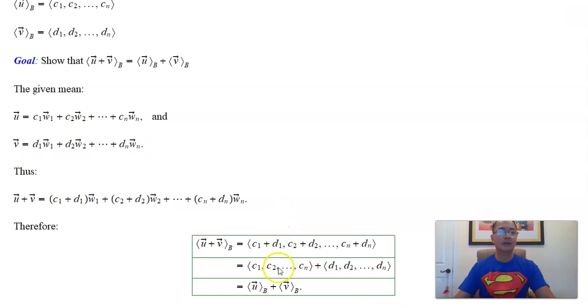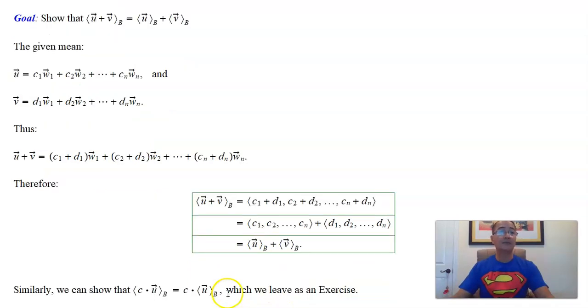Those are the coordinates in the coordinate vector, but obviously we can break that down into a vector sum. Put the C's into one vector and the D's into another vector. Oh, look at that. The C's are the coordinates of U with respect to B, and the D's are the coordinates of V with respect to B.